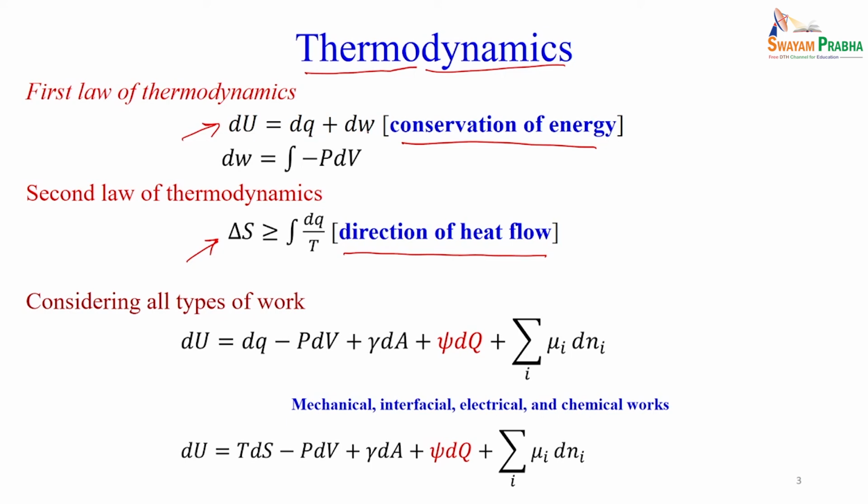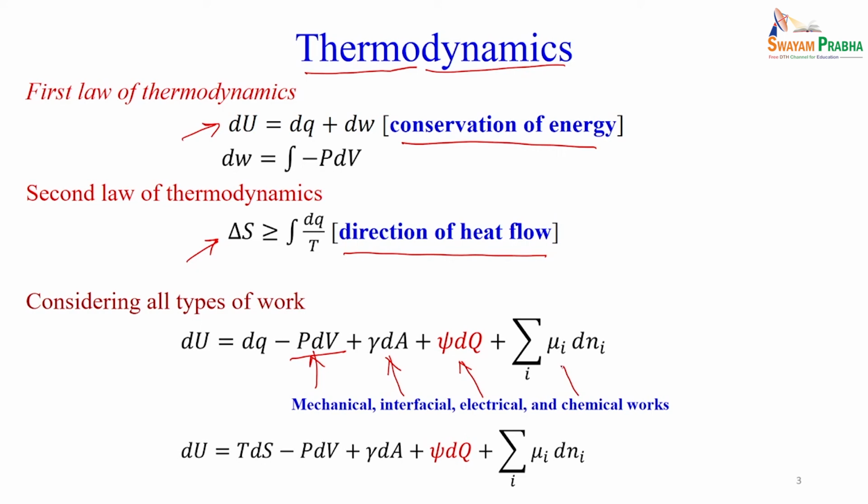So, dw, mechanical work, is minus P into dV. We are adding the interfacial work, gamma dA, this is interfacial energy into area.